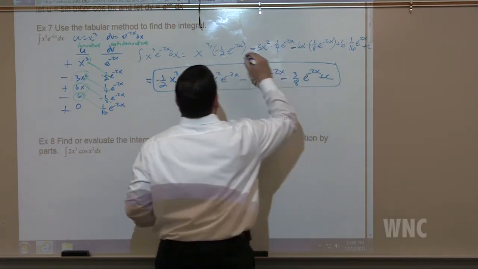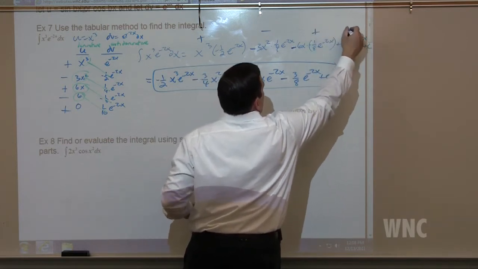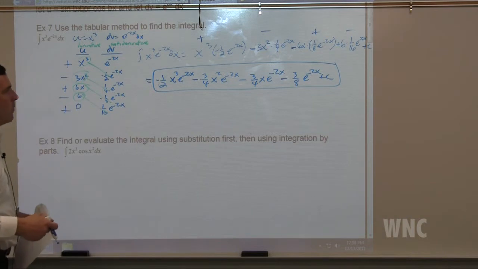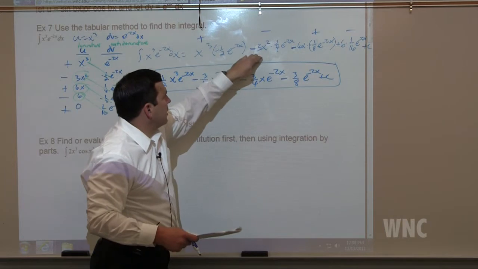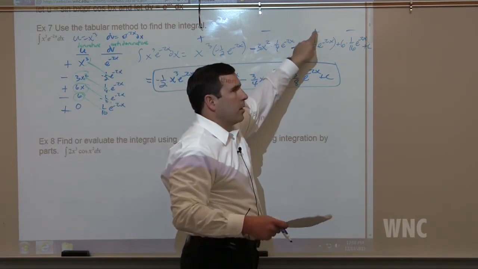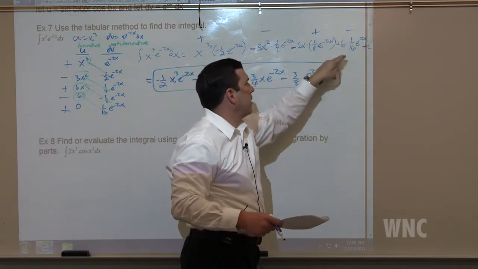So it was plus, minus, plus, minus. That looks right now. So this gets a positive, this gets a negative, and that's why this comes out negative. This would have been a positive in there, and the negative times a positive is a negative. This gets a negative. Okay.